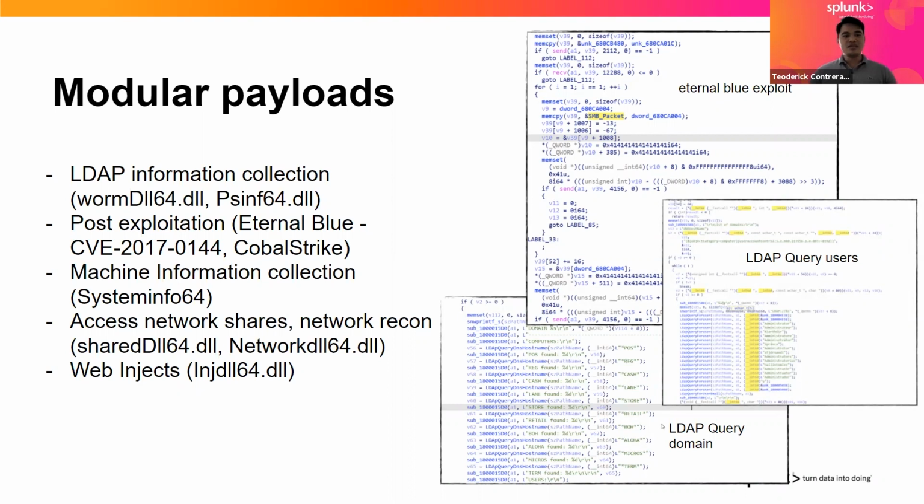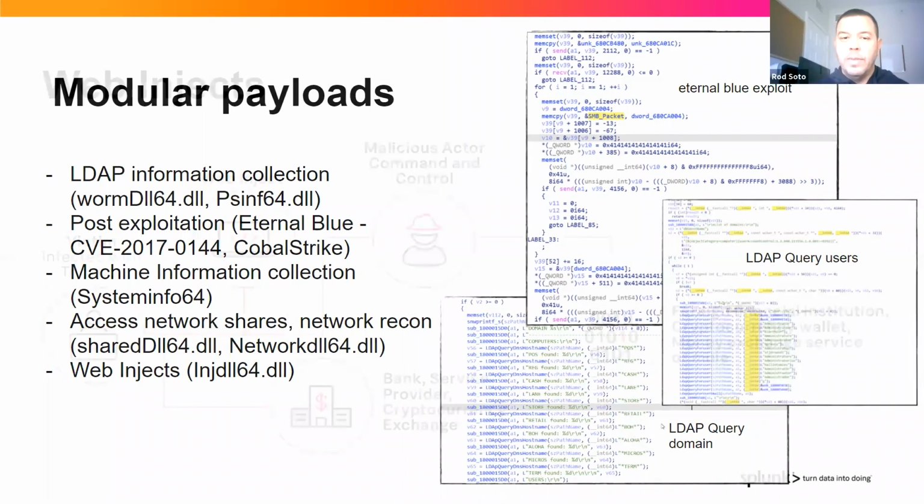We can also see the code of the Network64 DLL module, where it used an LDAP query to locate the administrator account to gain privilege escalation on the compromised machine. And finally, the PSInfo64 DLL module, where it also executes an LDAP query to parse the domain of the compromised host to check if it is in the point of sale network domain as part of its purpose as a banking Trojan.